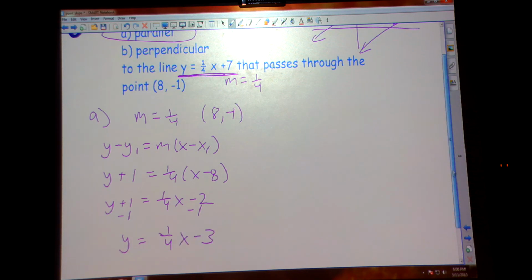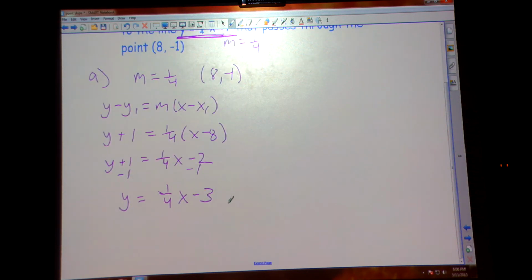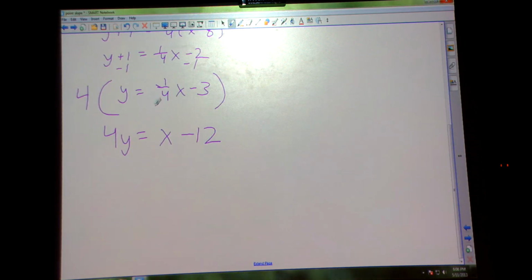Now, to put something in standard form, first off, no fractions. So I need to multiply everything in this case by my denominator, which is 4. So I'll get 4y equals, the 4s will cancel, x minus 12. Now, last but not least, to put it in standard form, x's and y's must be on the same side, but the coefficient of x must be positive.